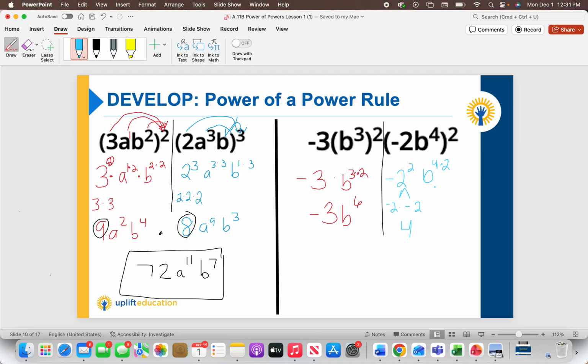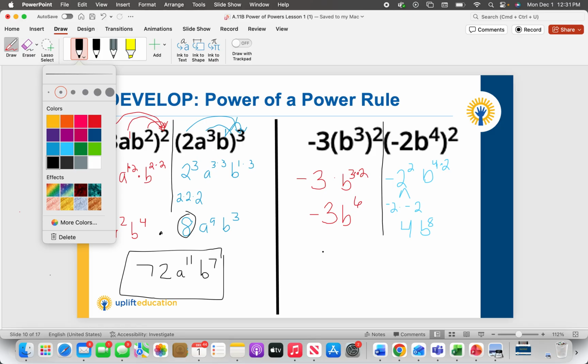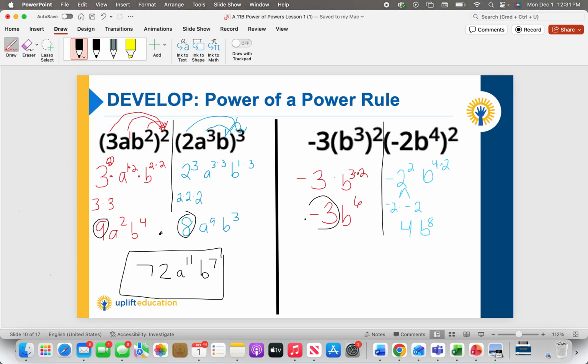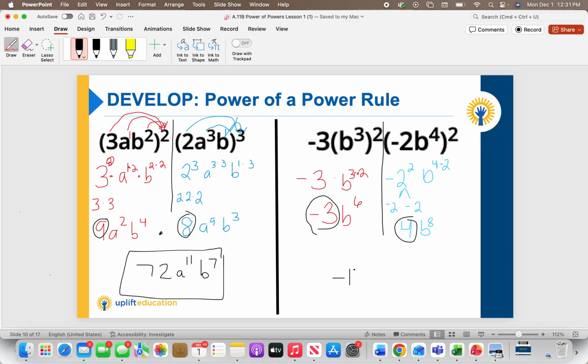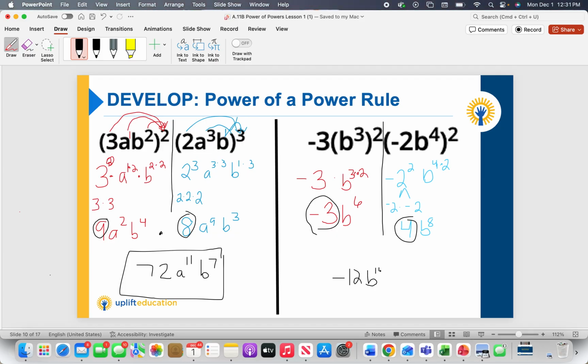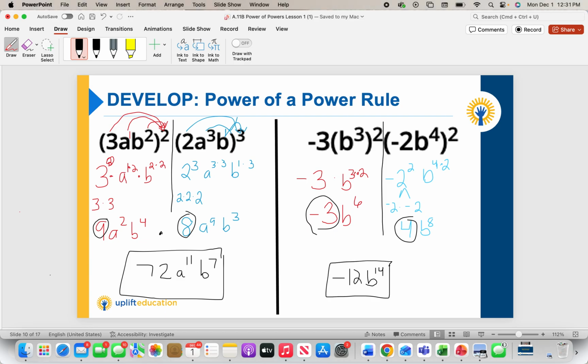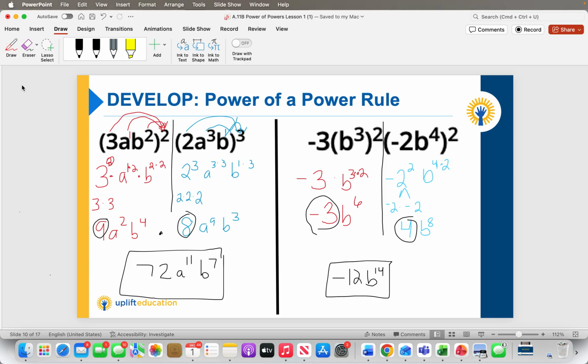So it's going to give me a positive 4. 4 times 2, however, is going to give me an 8. And now we can do our final product. Negative 3 and positive 4 will create a negative 12. And b to the 6th and b to the 8th is going to make b to the 14th power. We are now done with this example.